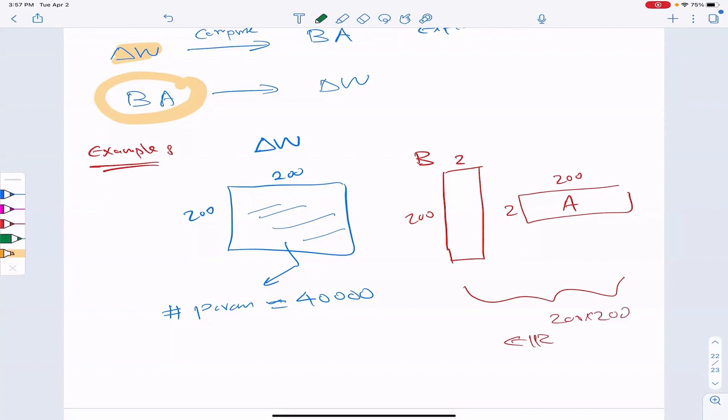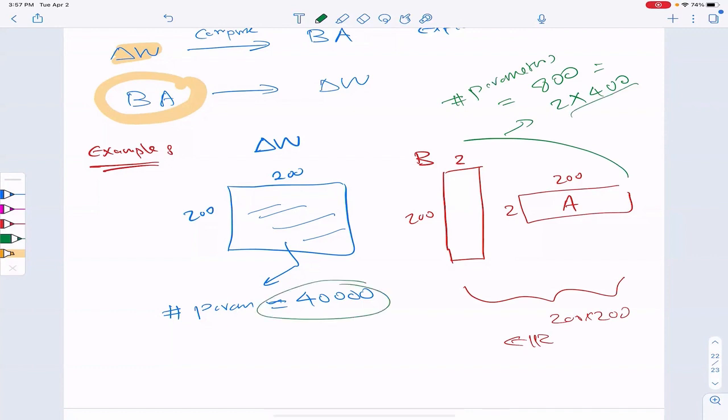But the number of parameters that you have is just 800, 2 times 400 in this case. Significantly lower than the original 40,000 parameters that you needed to update. Simple idea, but really, really effective.